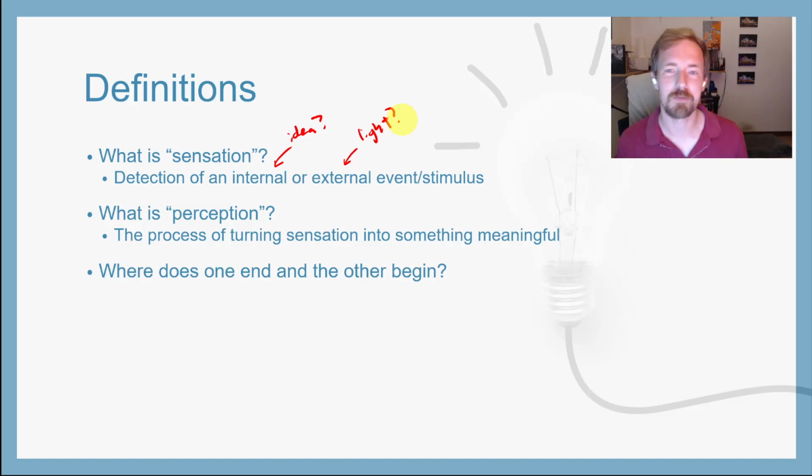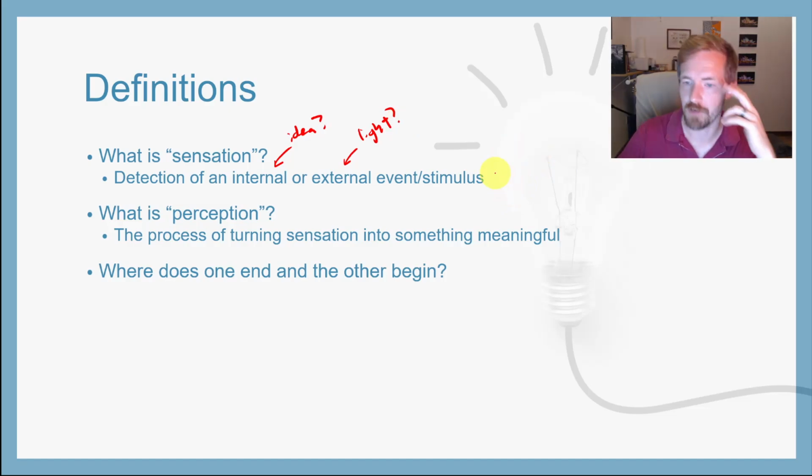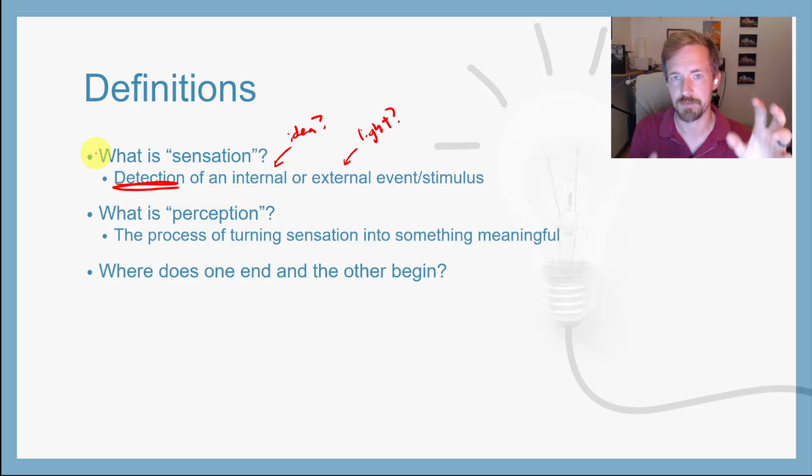So we have to be very careful about how we're talking about these. I will put it this way, though: generally speaking, 9 times out of 10, when people are talking about sensation, they're talking about stuff that occurs in terms of detection. That's really a good way of thinking about sensation. Sensation is equal to detection. It's all about detecting something.